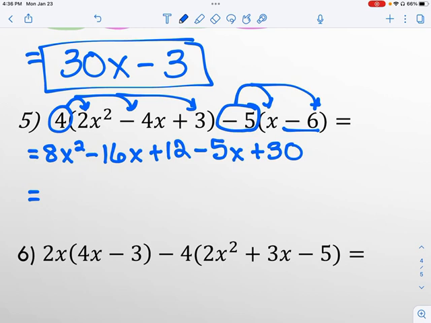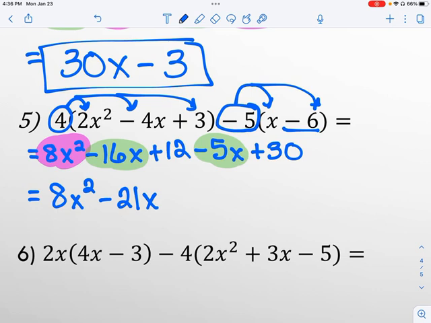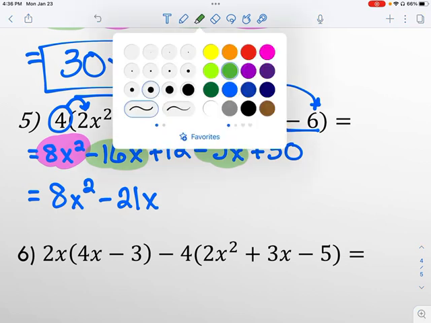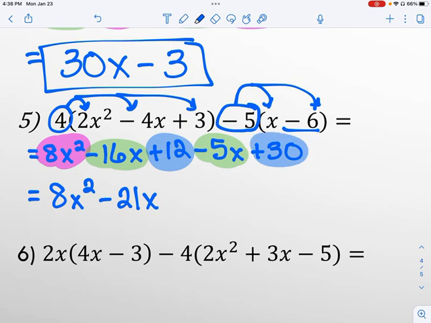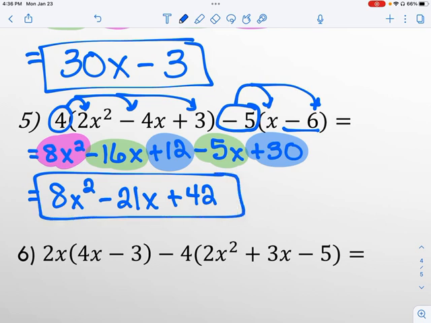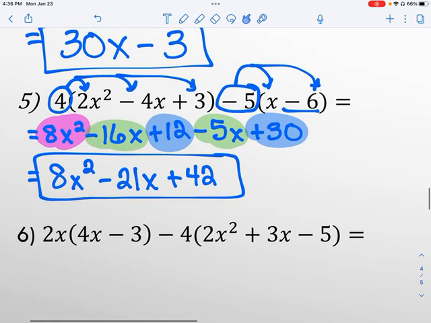The next thing I look for is like terms. I look for x squareds first, and there aren't any other ones, so I keep 8x squared. Next, the x terms: I have a negative 16x minus 5x, which gives me negative 21x. The last ones I'm looking for are the positive 12 and the positive 30, which give me a positive 42. I'm in standard form and nothing else can combine, so that would be my final answer.